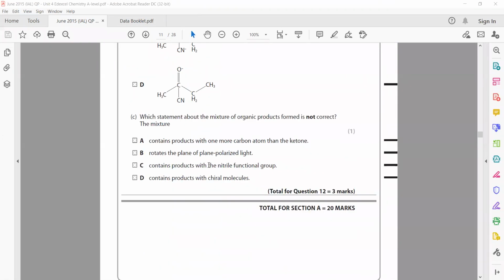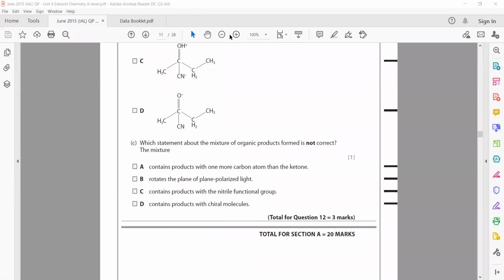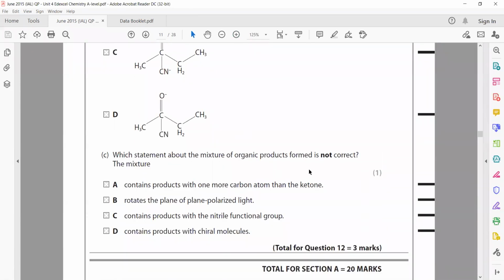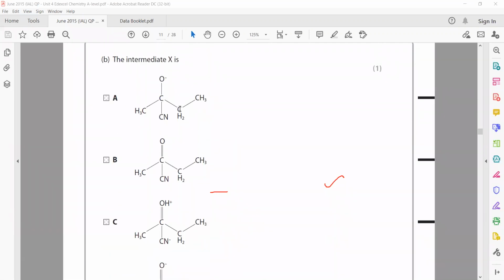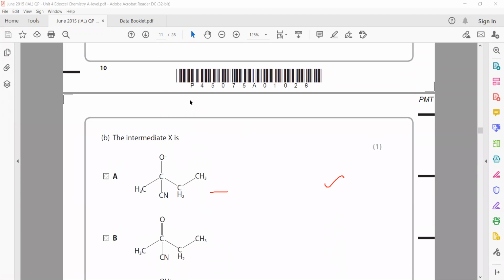And then which statement about this mixture of organic products formed is not correct? So when we check, contains product with one more carbon than the ketone, that's true. Rotates plane polarized light: we have to check that the product formed should have a chiral carbon.